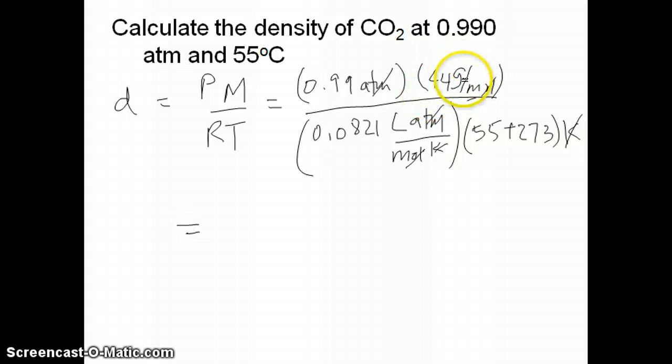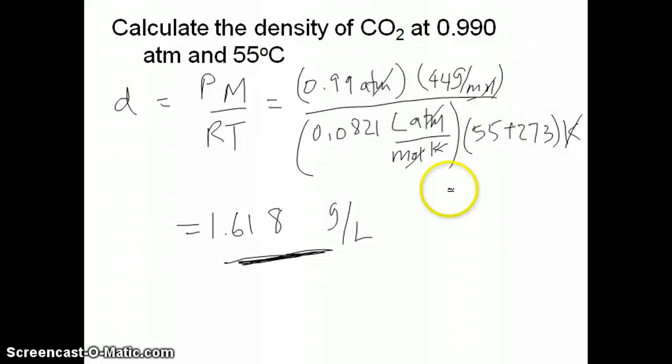What's left is grams per liter, and that's a unit of density, of course, mass over volume. So if you were to actually make that calculation, you should get a value that's 1.618 grams per liter.